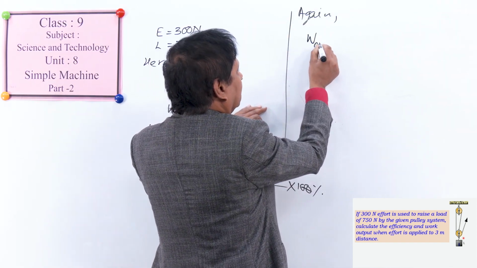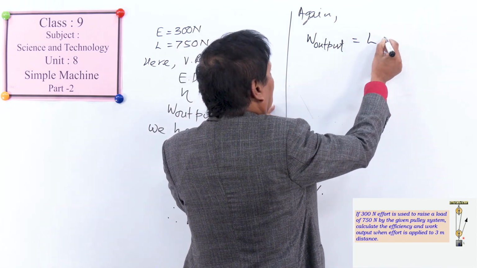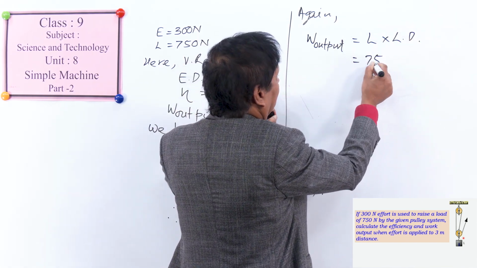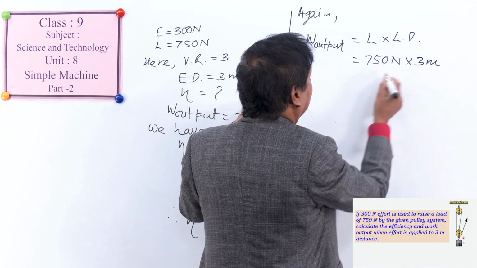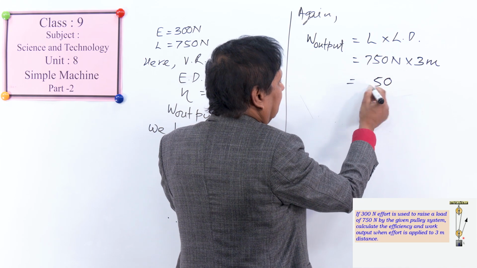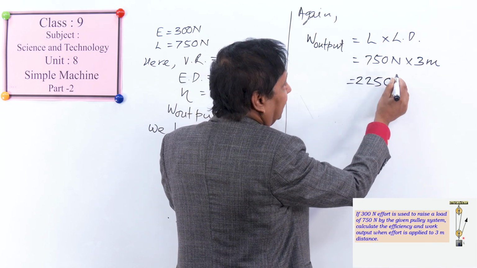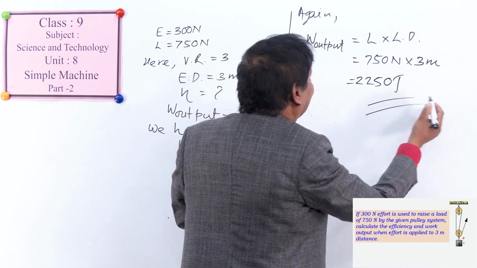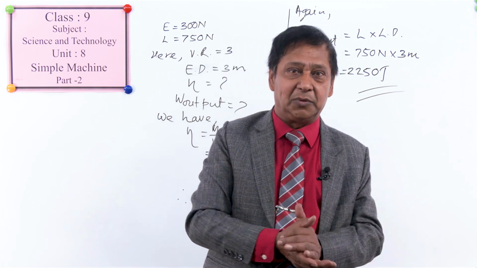Work output is equal to load into load distance, and load is given here 750 Newton and load distance is given 3 meter, and if we multiply these two, then 0 remains same. 5 3s are 15, carry over 1, 7 3s are 21, carry over 1, and that's why 2250 Newton meter means joule. Now we can say that work output is 2250 joule. Okay, this is the solution of numerical problem.